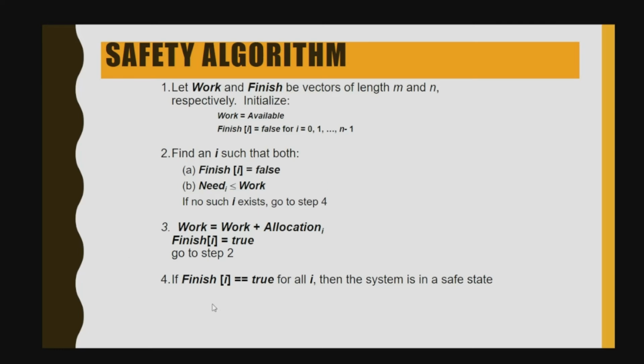Otherwise, work equals work plus allocation, finish[i] equals true, and go to step number 2. It will loop again until it finishes. If finish[i] equals true for all i, then the system is in a safe state. So this safety algorithm ensures that they are in the safe state.